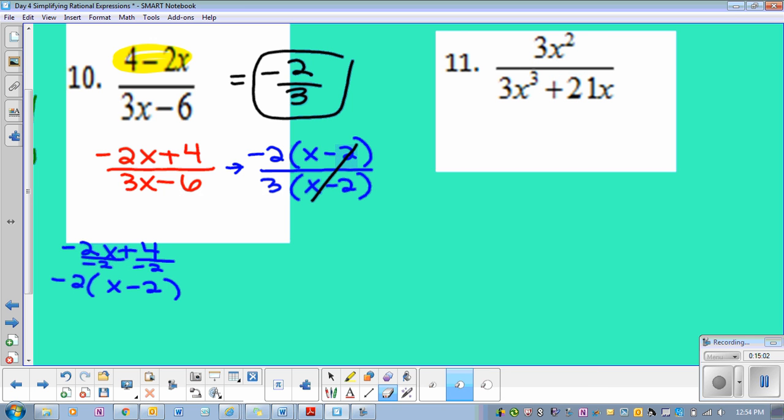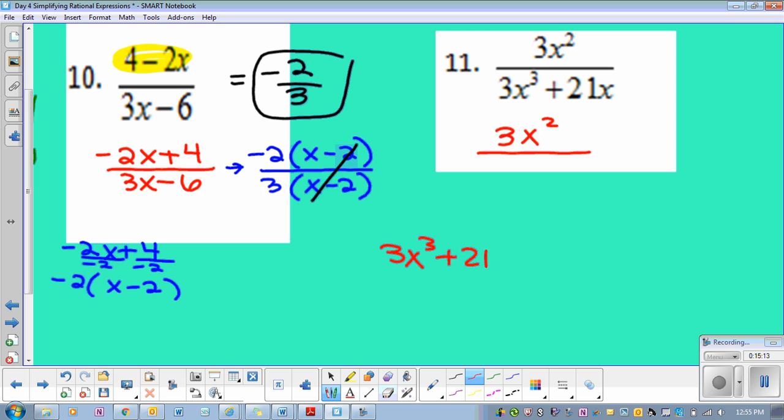Can I factor? Yeah. On the top, I can't because it's just 3x squared. But on the bottom, look at that. 3x cubed plus 21x. 3x is your GCF. Then you have x squared plus 7, right? 3x times x squared plus 7.